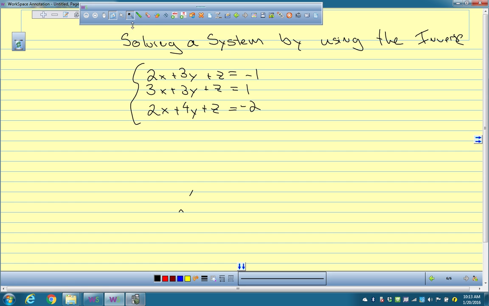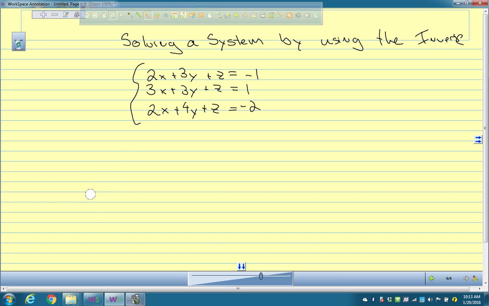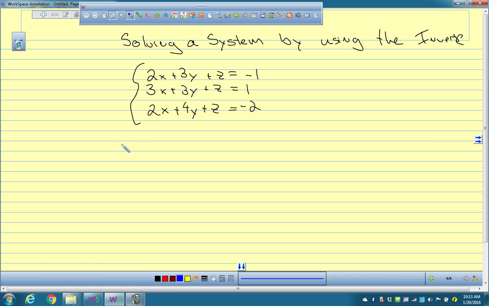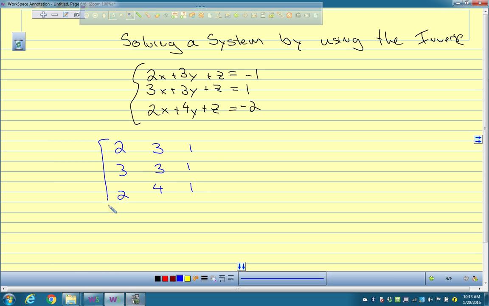So you guys are probably already adept enough to solve this pretty quickly by hand, right? But equations can get really complicated. You could have a 4 by 4 system or a 5 by 5 or a 3 by 3 that you've never seen before, okay? And so you can remember from the other day, I can rewrite this as a coefficient matrix 2, 3, 1, 3, 3, 1, 2, 4, 1 times a variable matrix x, y, z equals the constant matrix, 1, 1, -2.